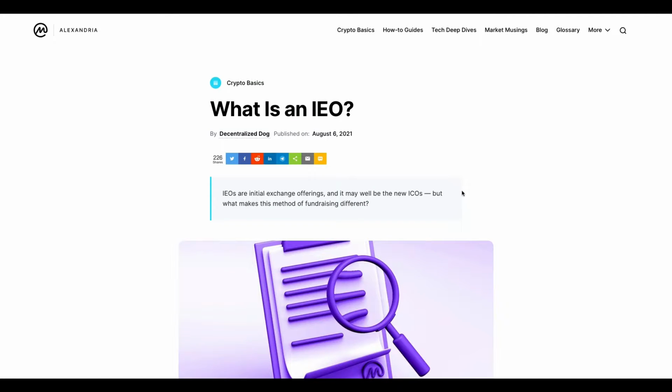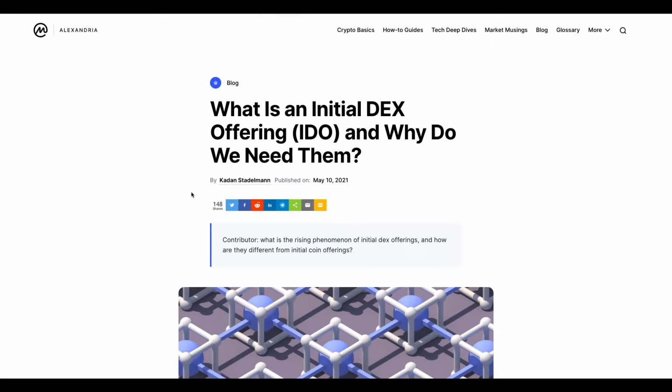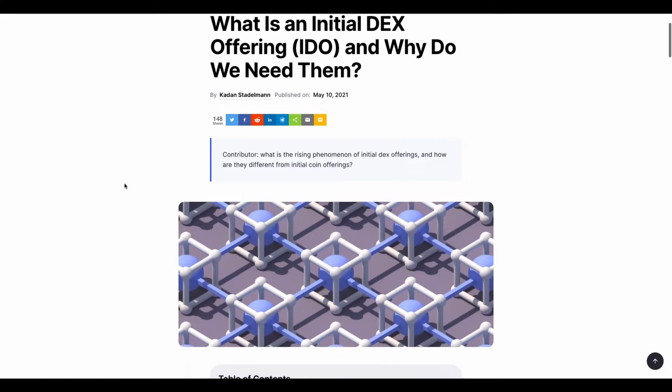So moving to the next offering, I believe this is the next one. I believe I'm having these in chronological order of when they were invented, but probably not. But anyways, so IDO, initial decentralized exchange offering.